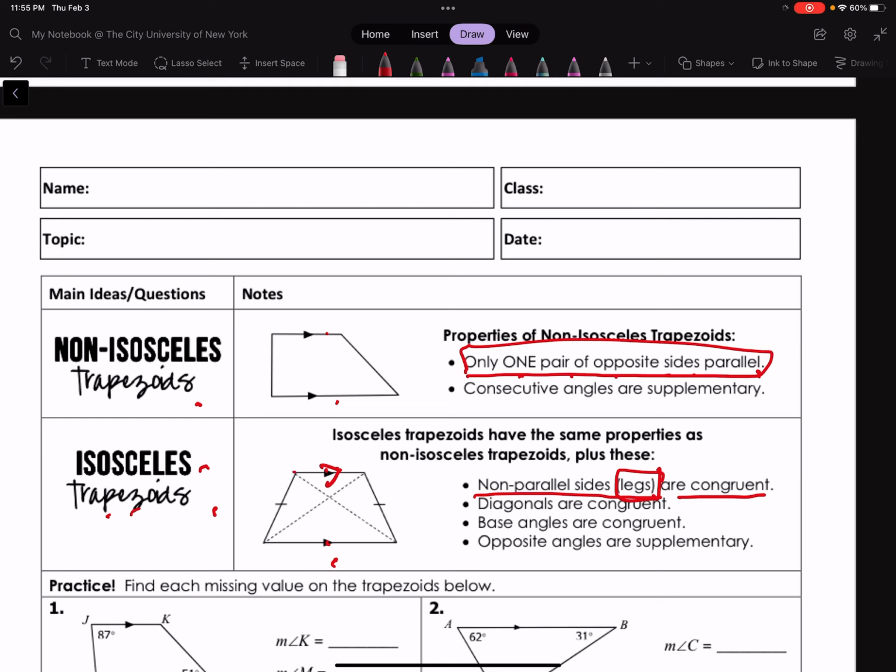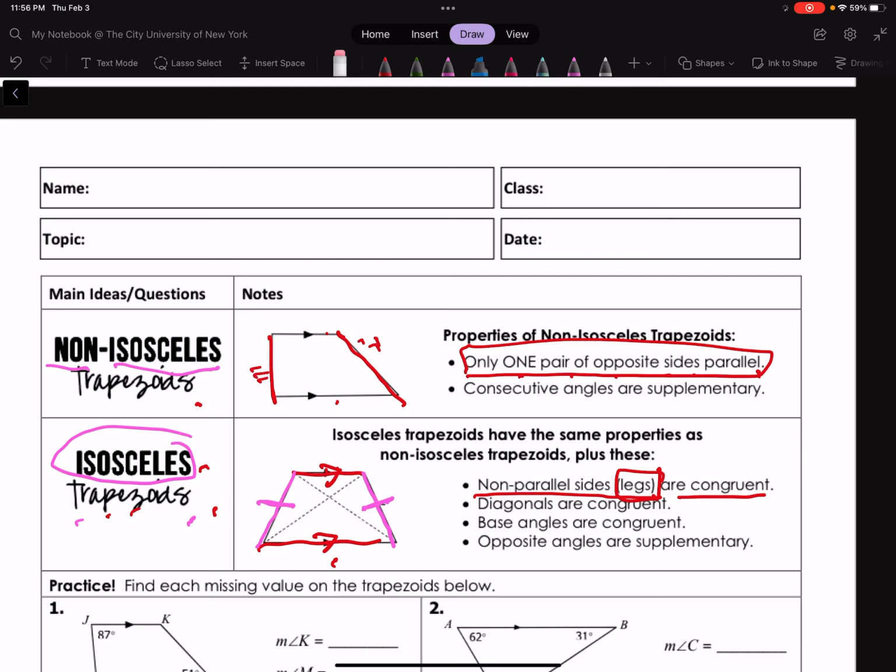If these two sides are parallel, the non-parallel ones are these two sides, and if they are congruent, you say it's an isosceles trapezoid. Non-isosceles is when these legs are not congruent. They could be of any size, but they will never be congruent.